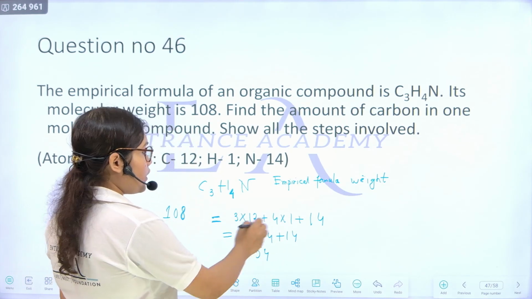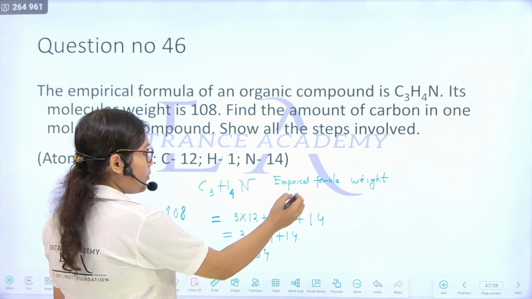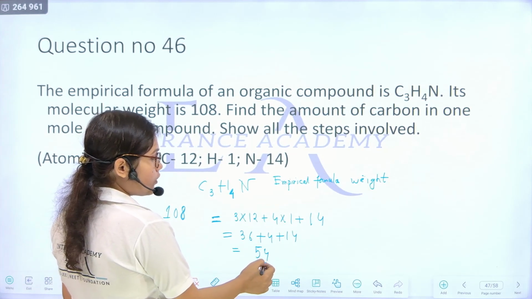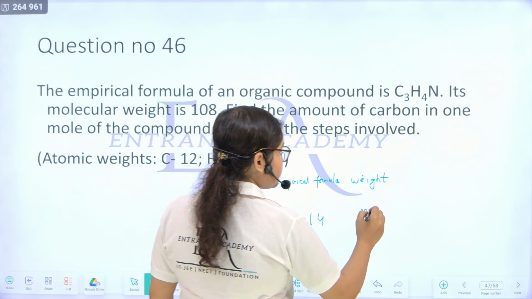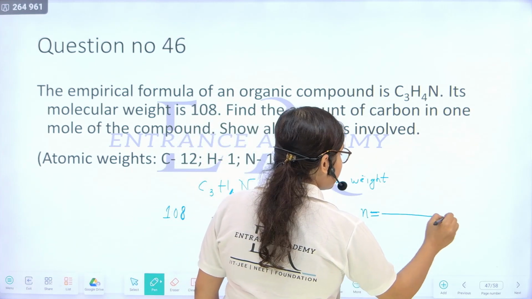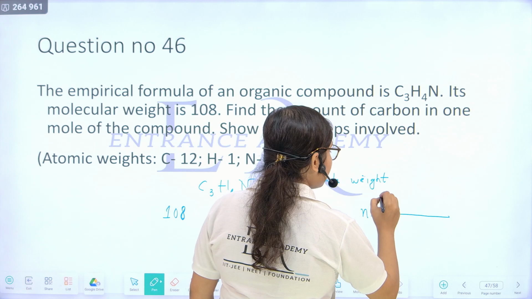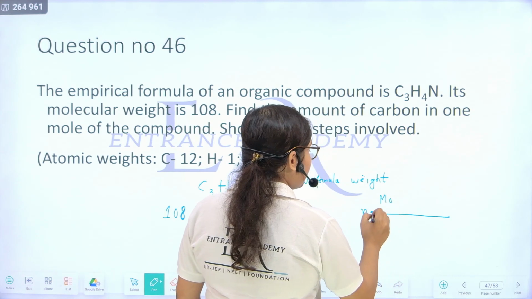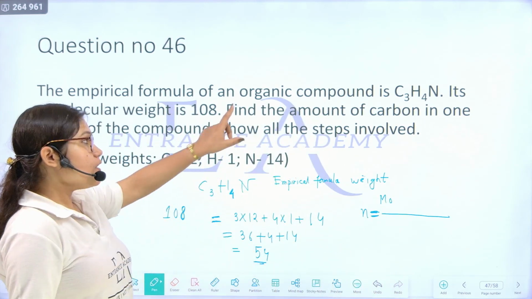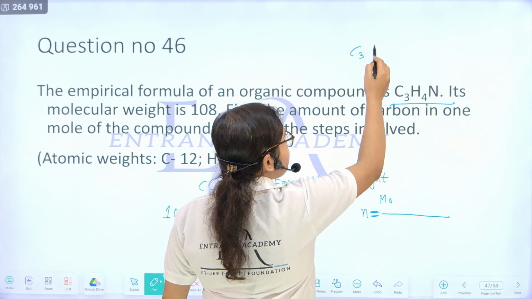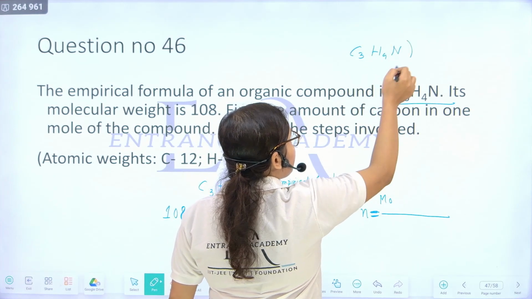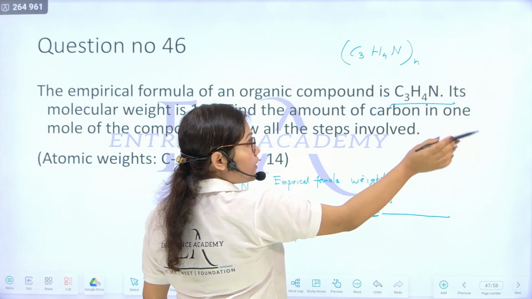So the empirical formula weight is 54. If we have the empirical formula of a compound, then the molecular formula is C3H4N into n. So how to find this small n?